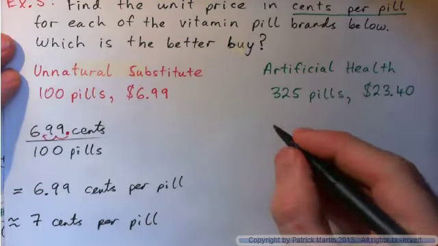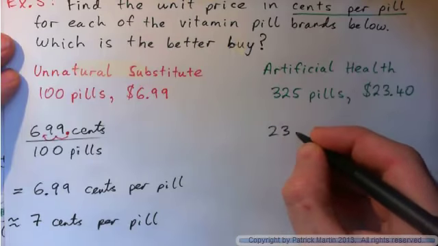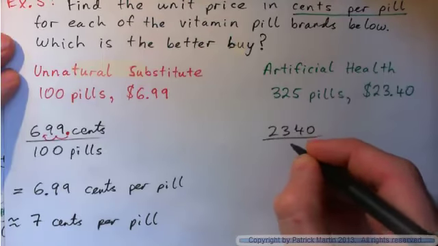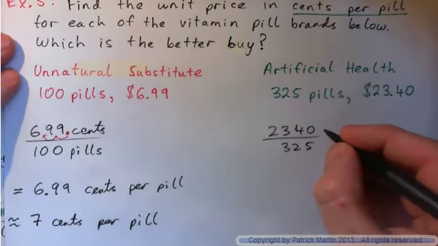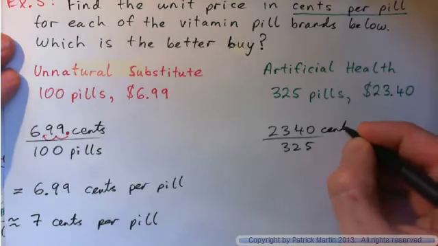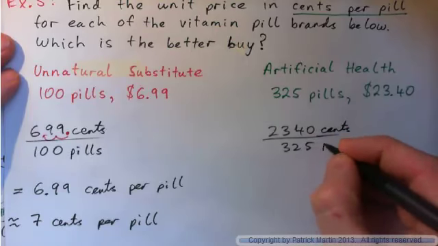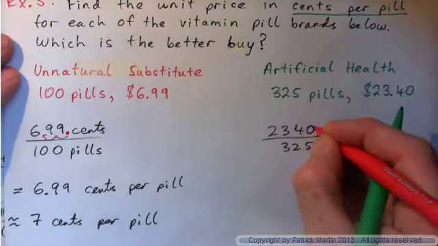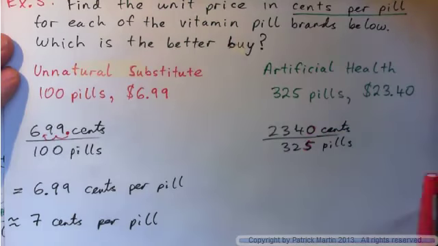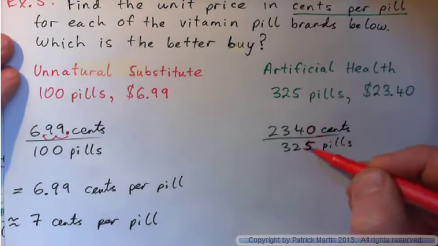You're going to go 2340 over 325, that's the cents over the pills, cents per 325 pills. One of the numbers ends in a 0, the other ends in a 5, so they're both multiples of 5, right?